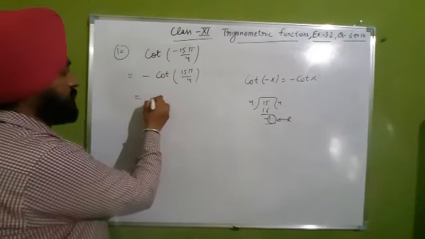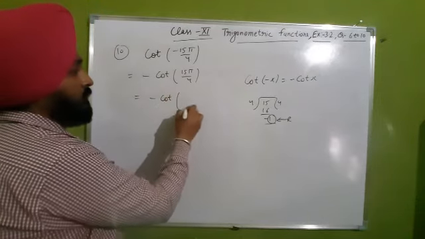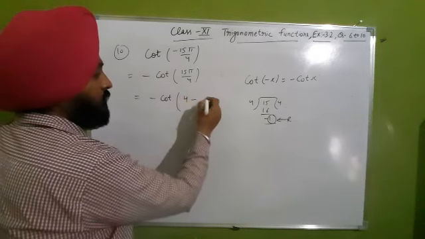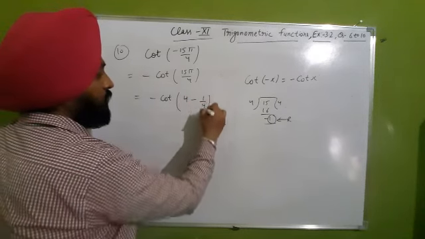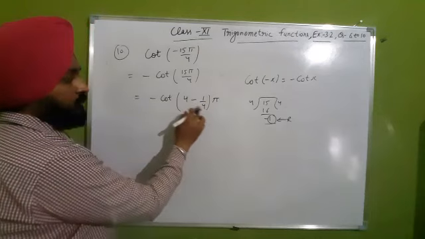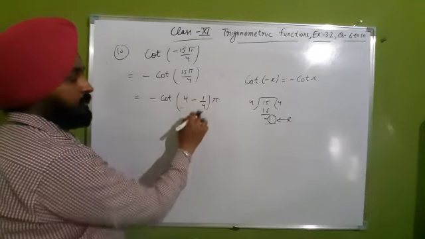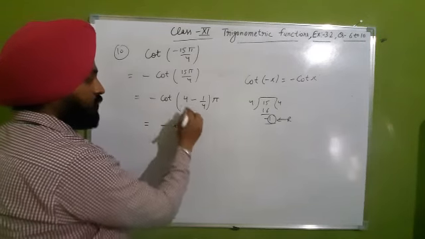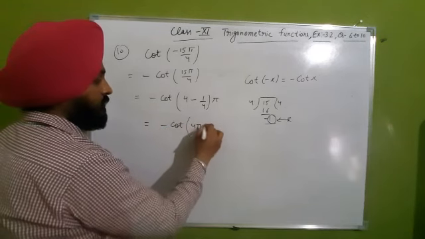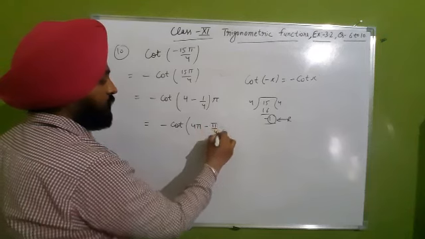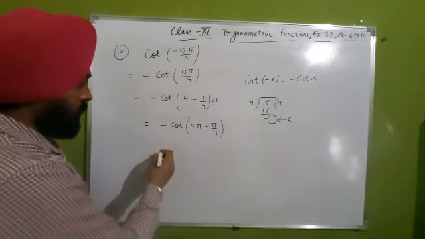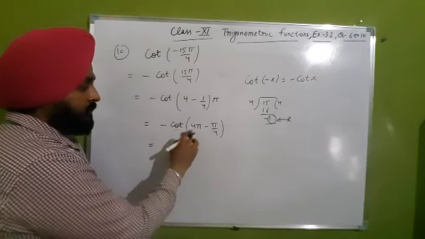So in the next step, we will write it as 4 minus 1 by 4 into pi. 4 times 4 is 16, 16 minus 1, 15 by 4. So negative cot 4 pi minus pi by 4. This pi will multiply with both terms inside the bracket. Now again, beta, check it.